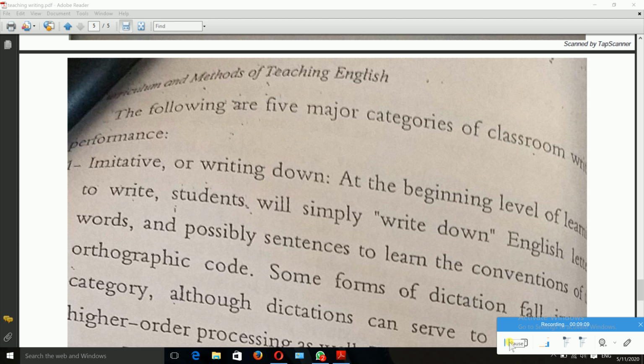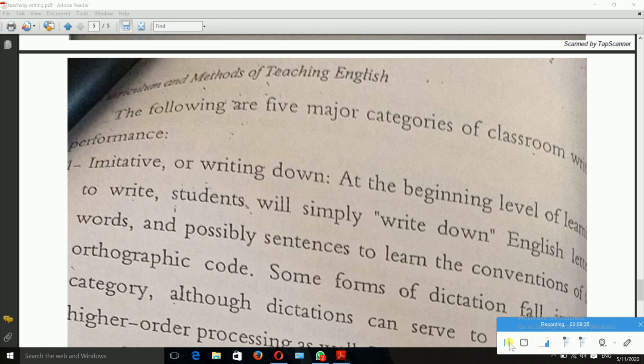Some forms of dictation fall into this category, although dictations can serve to teach and test higher order processing as well. يعني ممكن للإملاء أن يقوم بتدريس ونختبر من خلاله higher order processing، معالجة الأنظمة العالية.